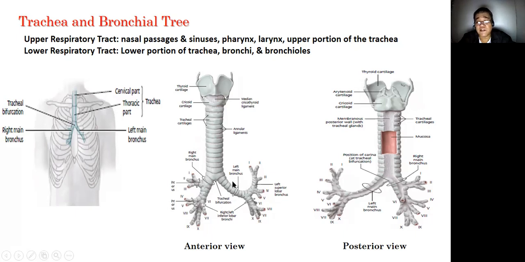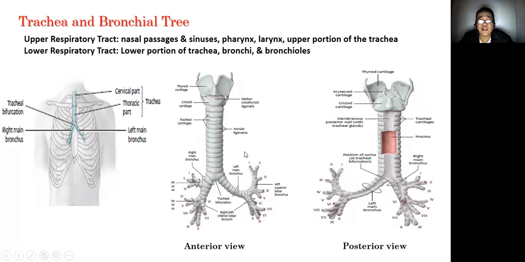Another difference is that the left main bronchus bifurcates from the trachea at an acute angle, so it is more horizontal compared to the right main bronchus, which is more vertical.